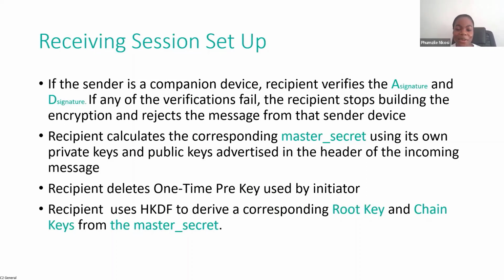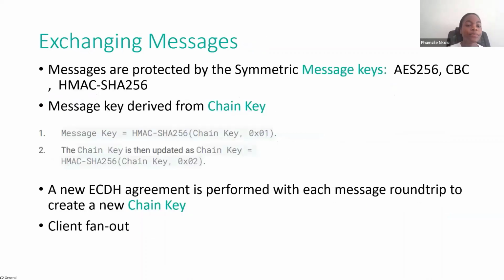The recipient will continue to calculate the master secret using their own private keys and the public keys that were advertised in the headers of the messages that were sent. The recipient will also delete the one-time pre-key that was used by the sender to send the messages. Also, the recipient will derive the root key and chain keys from the master secret that they have derived.